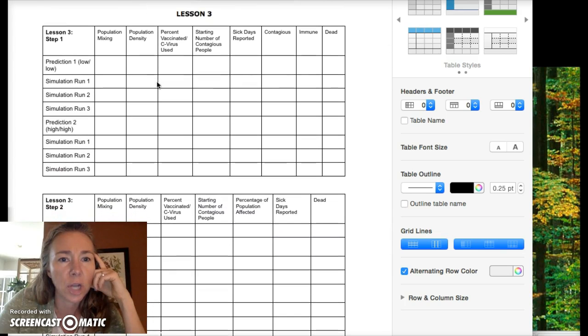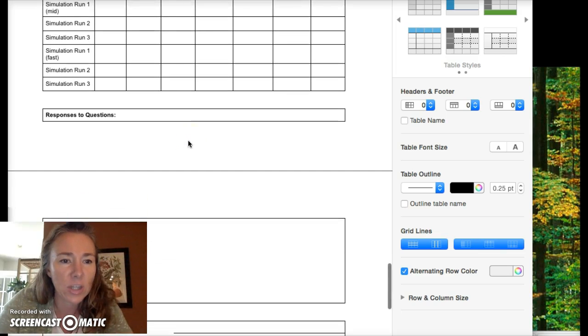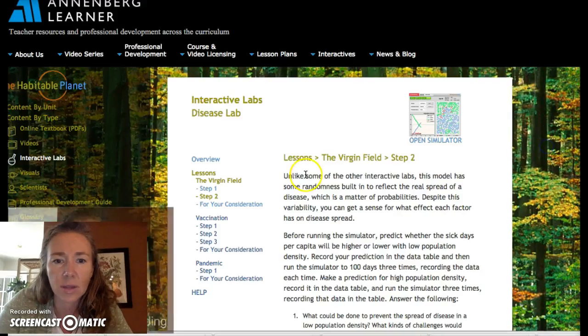And lesson 3, we're going to look at number of people who are immunized and how that impacts the folks that are affected. So you are messing around with different controls, or sorry, different variables. And the questions at each of these at the bottom here.